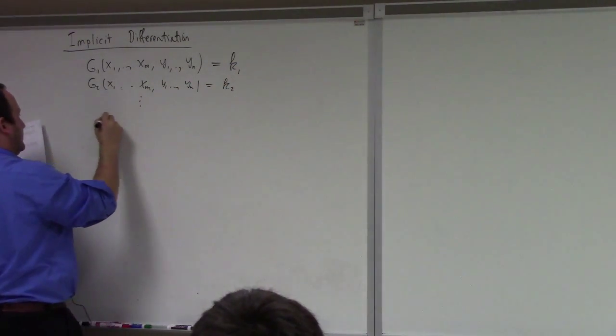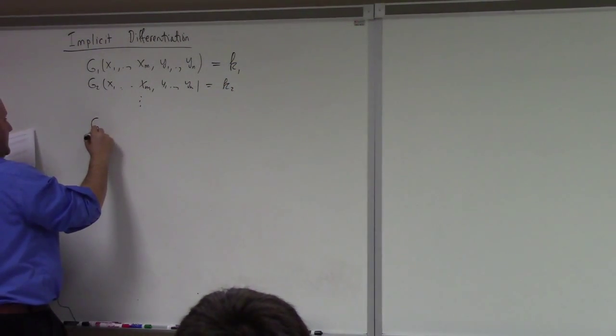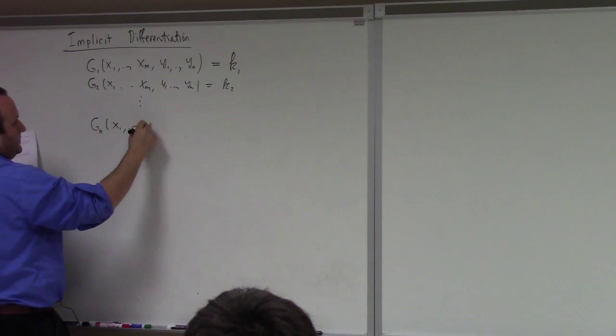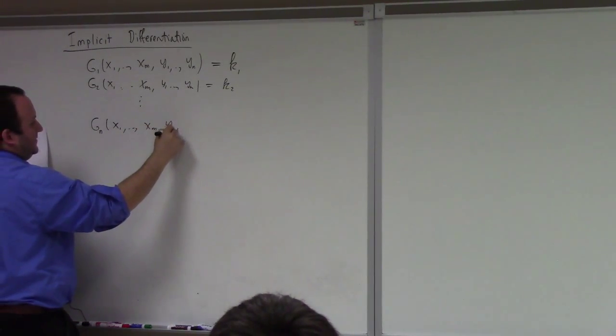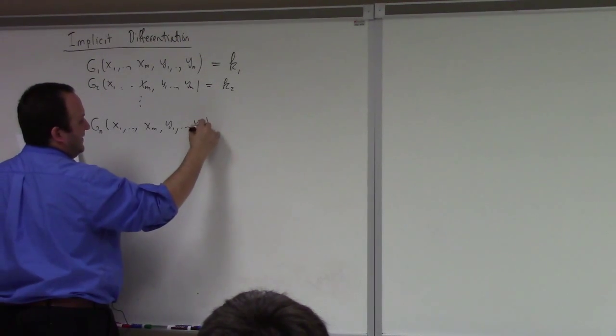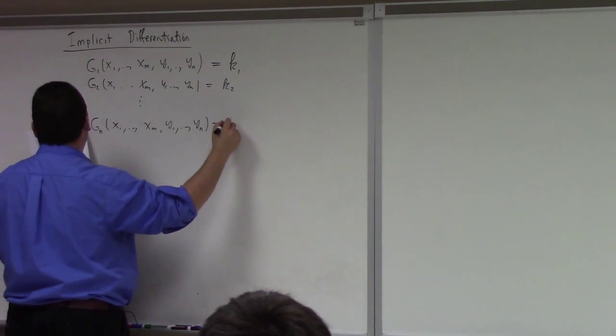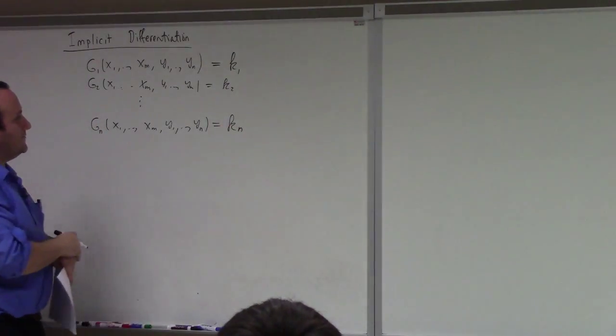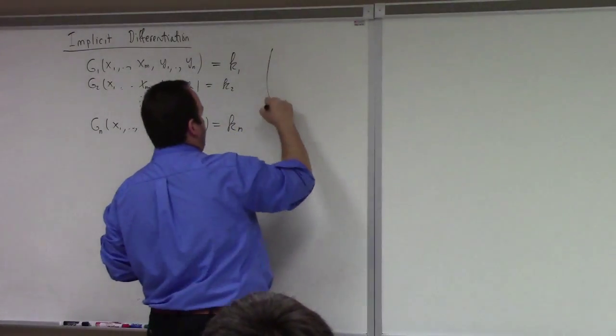You've got a bunch of these equations, right? I'm going to say I've got n of them. So the same list of independent variables here. So suppose these are given constraints.